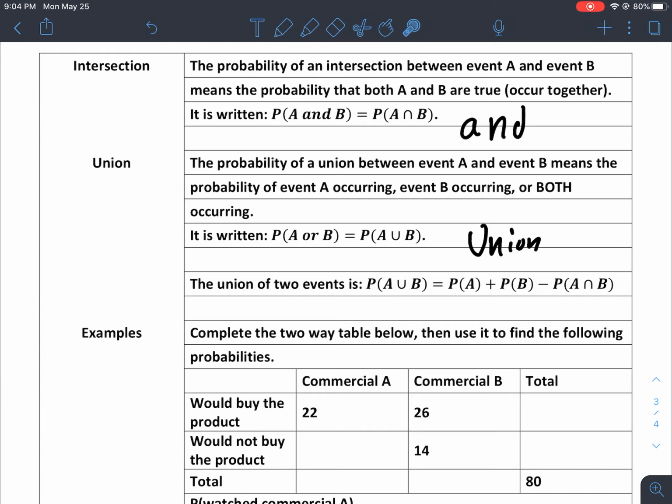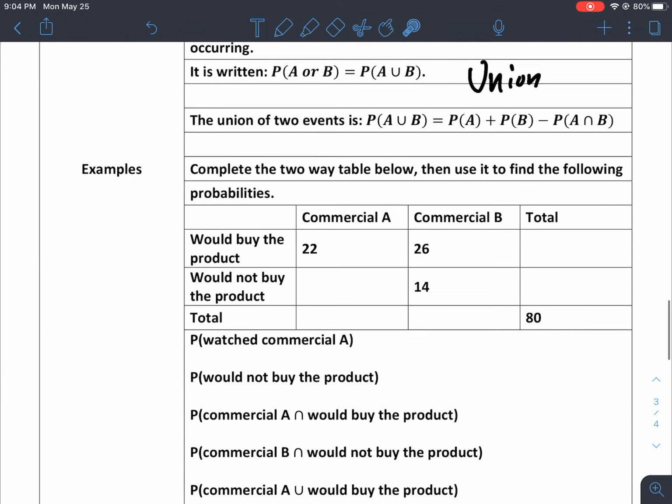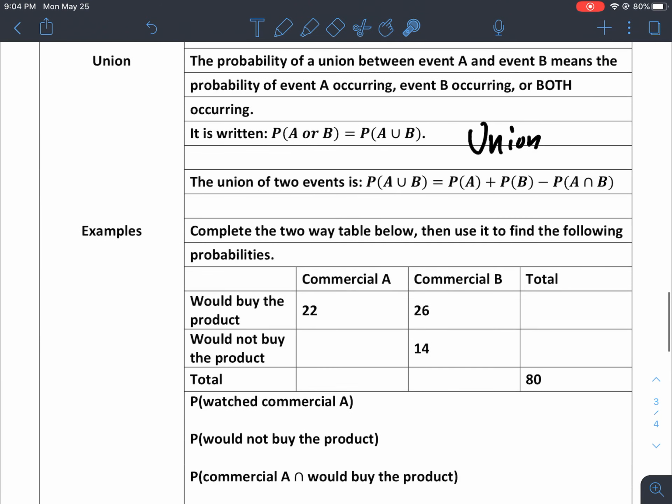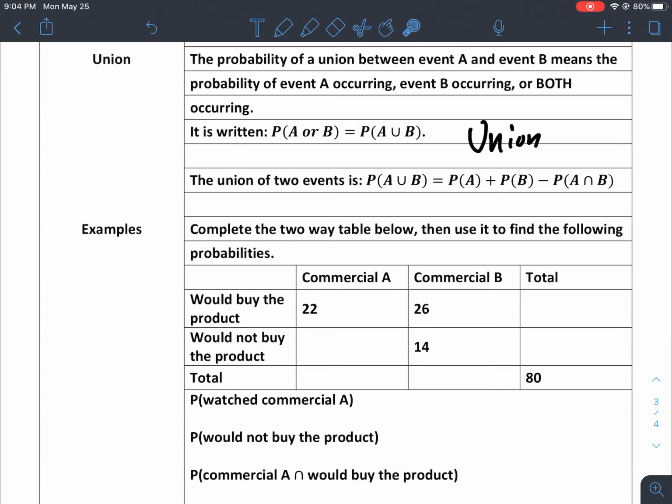And the union of events is calculated as: the probability of A or B is equal to the probability of A plus the probability of B minus the probability of A and B. It feels a bit weird to subtract this out, but if we don't subtract it, we're going to be double counting.